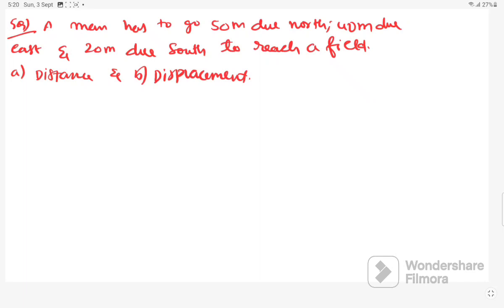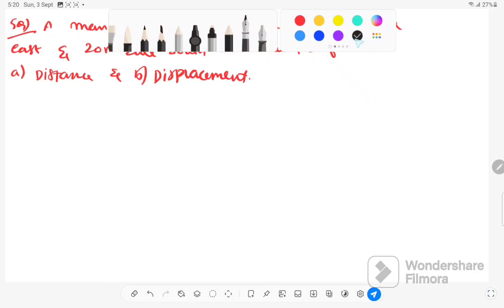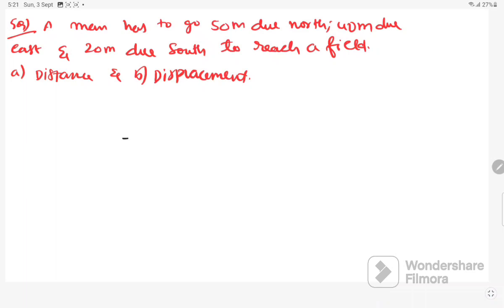Right. So look here, everyone, a little bit of visualization. The man is traveling initially 50 meters toward north. Suppose the man's home is here.